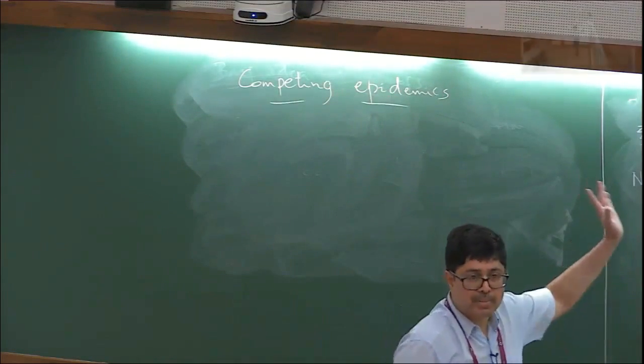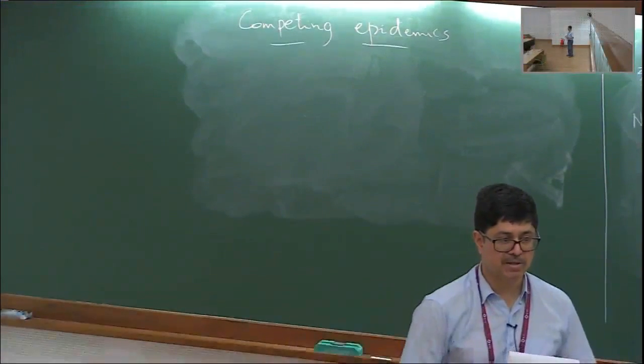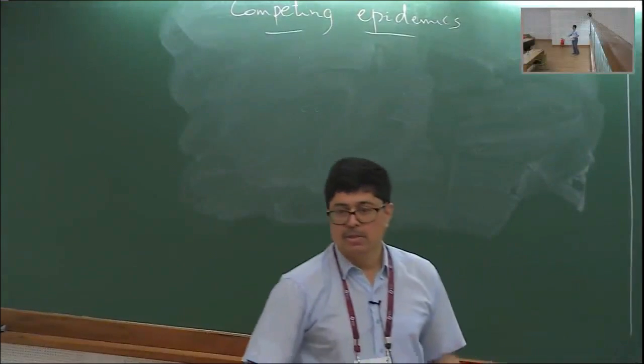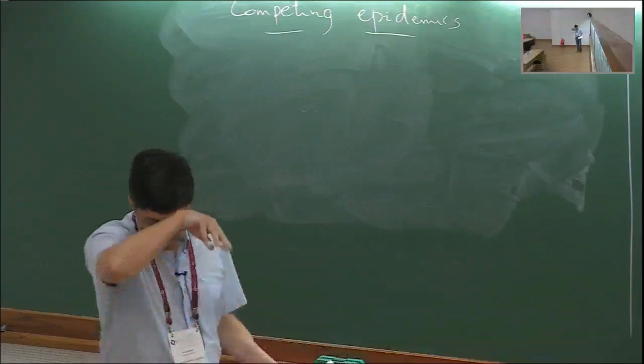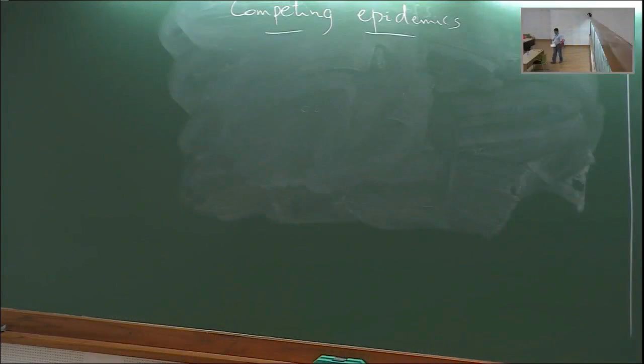So we'll call them competing epidemics. What they are, in fact, is competing first passage percolation. The motivation, I should have talked about motivation a long time ago: why are we studying epidemics? Apart from the obvious biological motivation, there are lots of others that computer scientists and people in other disciplines are interested in.